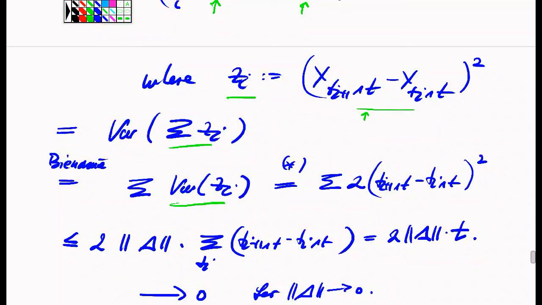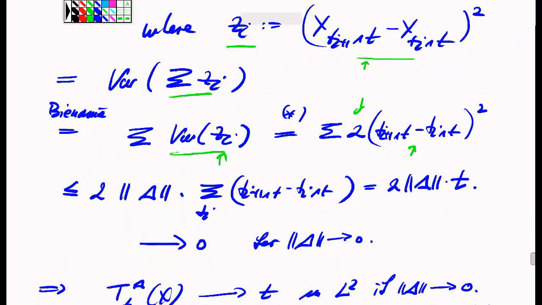And therefore I can compute the variance of each of these Z_i, which in this case is (t_{i+1} minus t_i) squared times 2. So that's a not so complicated computation. Basically, it's the question, what is the variance right there? It's a simple consequence of the scaling of the normal distribution.